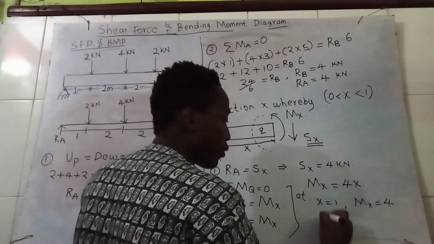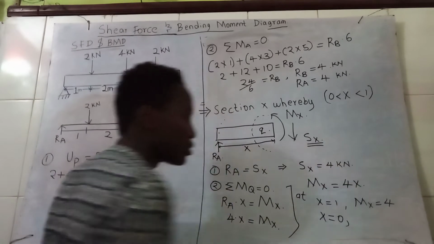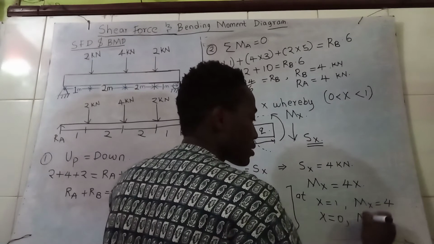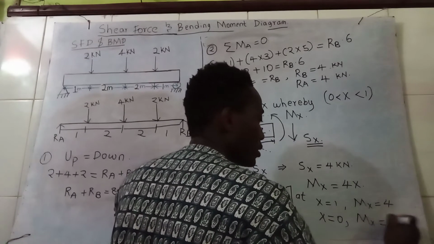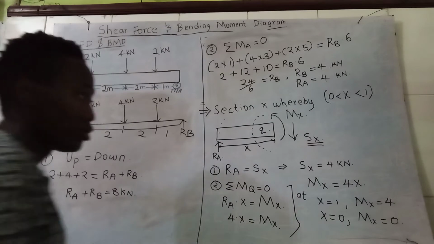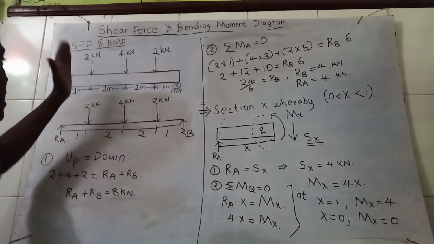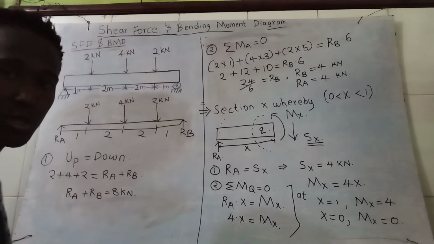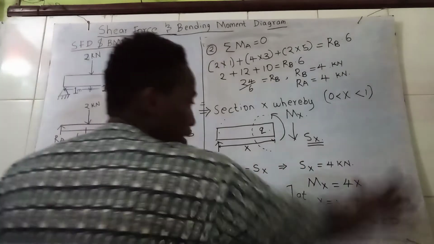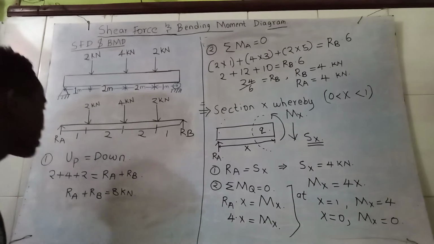Then at a point X is equal to 0, MX is equal to 0. So this is now the procedure that you're going to repeat, taking sections in between. So remember this, since I'm going to rub it.